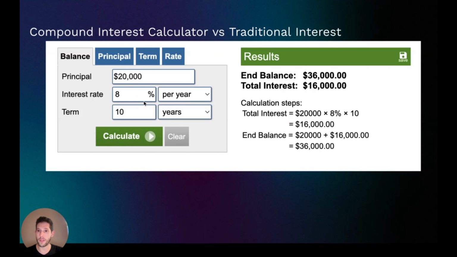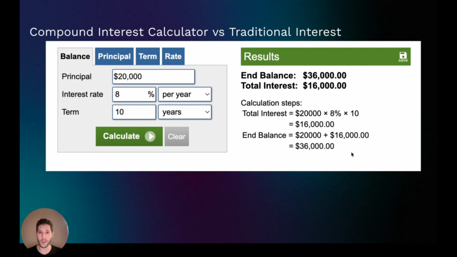If we look at that account in 10 years' time with a traditional amount of interest, we're going to get $16,000 total. That's $1,600 per year at 8% of this 20,000 for that total of $16,000 in 10 years. So that plus the $20,000 that we started with gets us to $36,000 total.